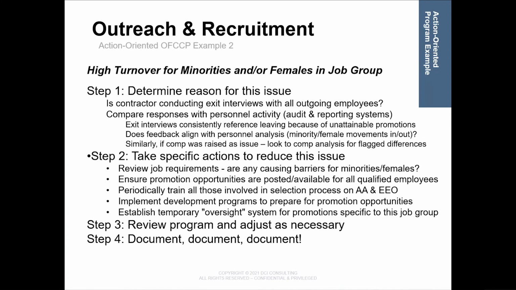Most placements into the job group come from non-competitive promotions out of entry-level job group 3A, technicians 1. So technicians 1 are non-competitively promoted into mid-level technicians, which are 2.